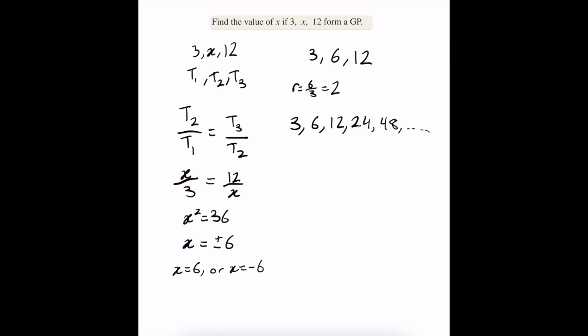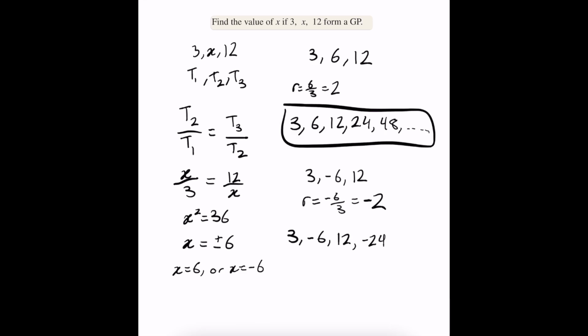Now in the event that it is 3, minus 6 and 12, our ratio is minus 6 over 3, which is minus 2. And what we'll have here is an alternating sequence where we are constantly alternating between a positive number and a negative number. So if we were to continue the sequence, the numbers would look very familiar to this sequence up here.